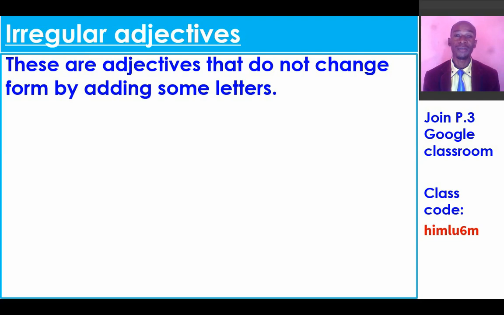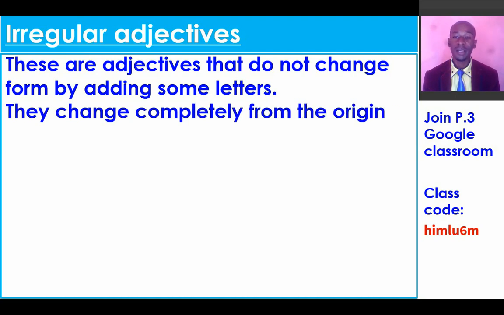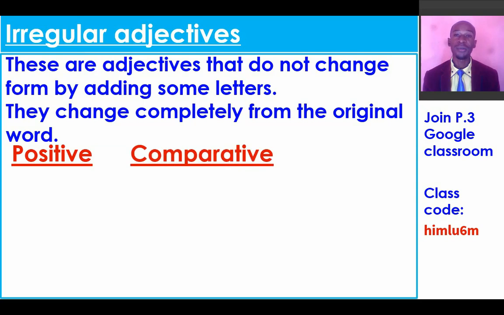Here we don't have to add some letters to get to those forms. Why? These ones change completely from the original word. So giving an example, we shall look at the adjective in the positive degree, then we shall see the changes in the comparative degree and the superlative degree.